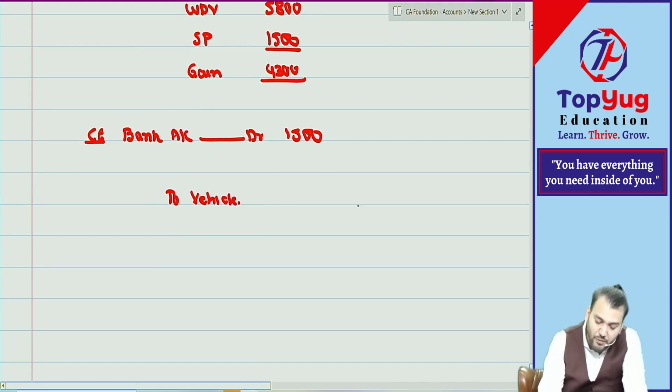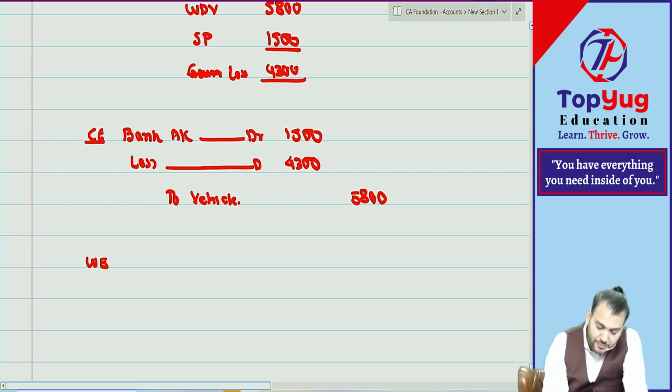Vehicle. What is the written down value? 5,800. So there is a loss, sorry, a loss of how much? 4,300. This is the correct entry.